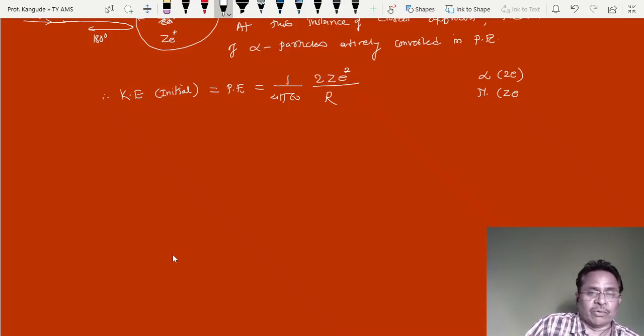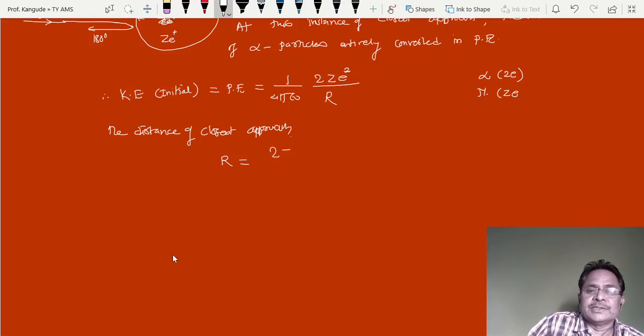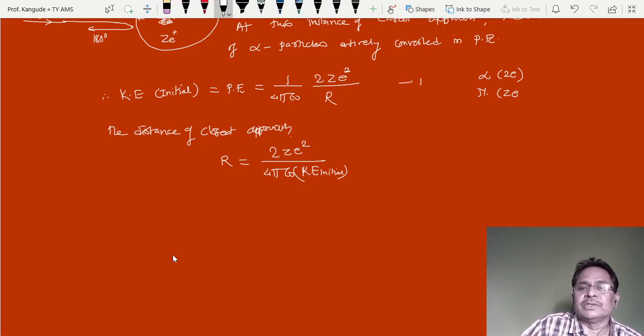Therefore, from this, the distance of closest approach capital R will be 2Ze squared divided by 4 pi epsilon 0 times the initial kinetic energy. You can call this equation 1.